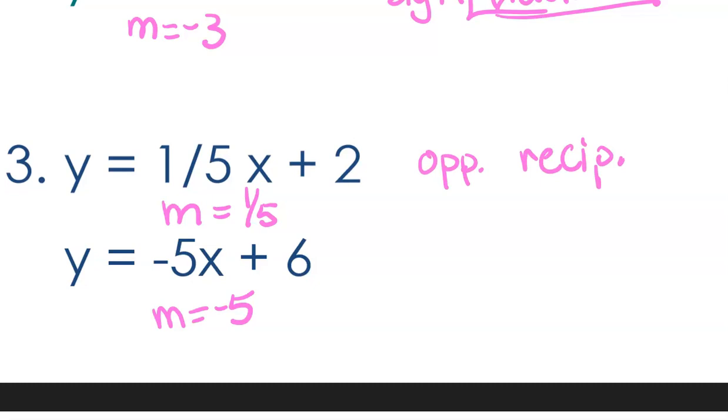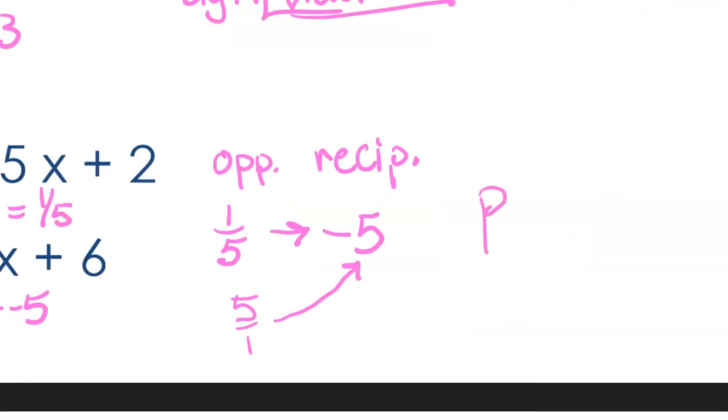The first slope was 1/5, positive, so our slope should change signs, which it does, to negative. And then the reciprocal means we have to flip the fraction. If I flip 1/5, that becomes 5 over 1, which is 5. So yes, these are opposite reciprocal slopes, and these lines are in fact perpendicular.